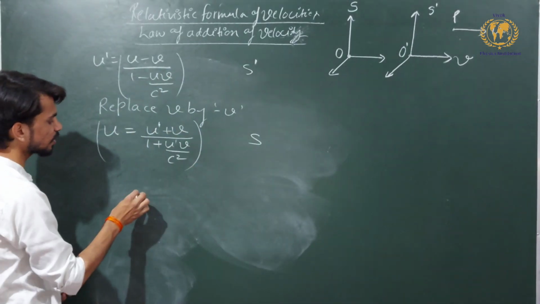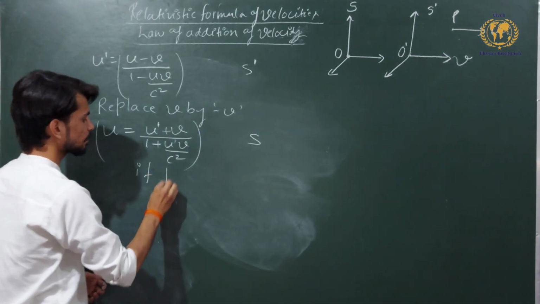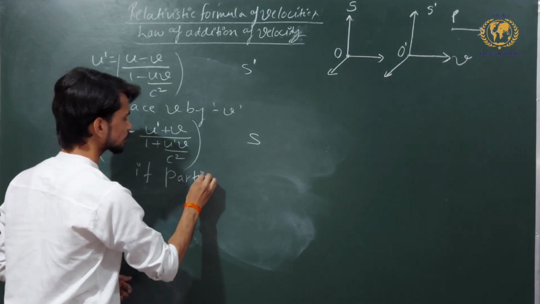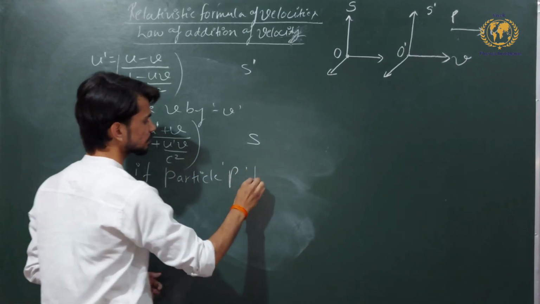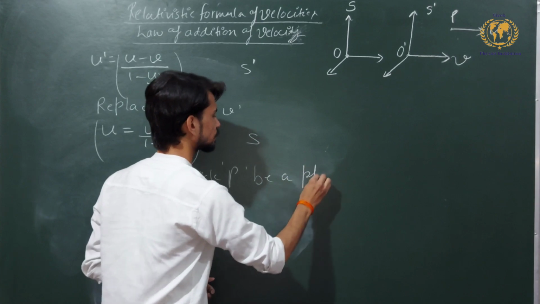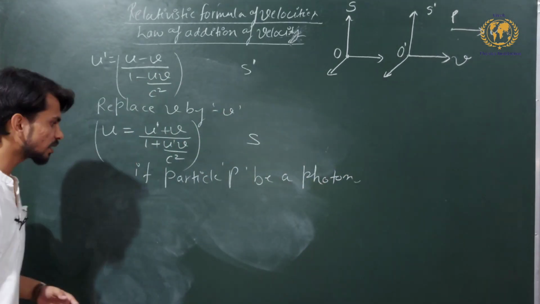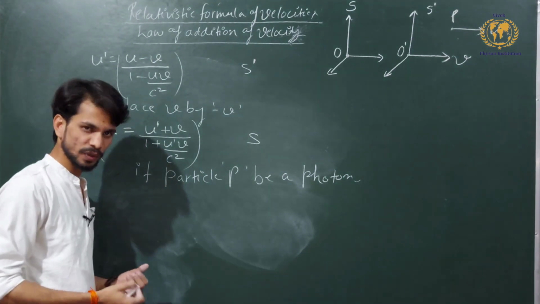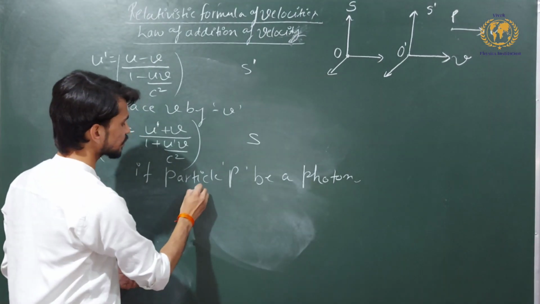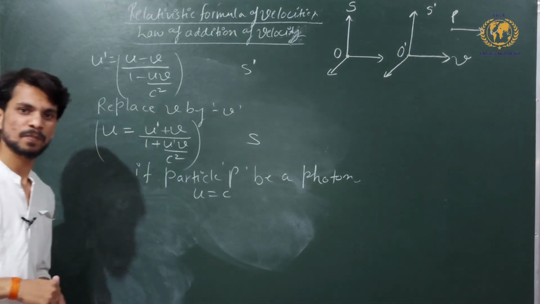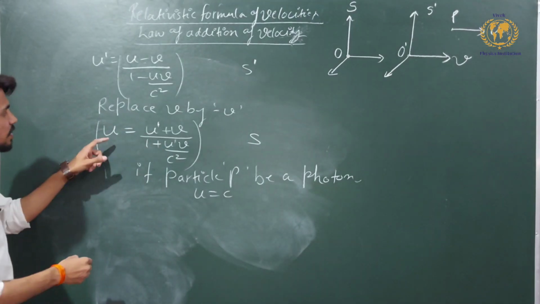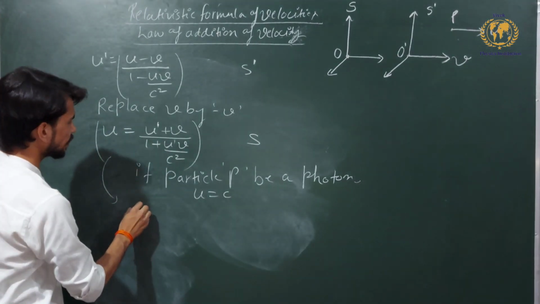Okay, so in that particular case, if particle P be a photon, then its velocity will be c. So in that particular case, you will check here the velocity will be, let's say, u dash.